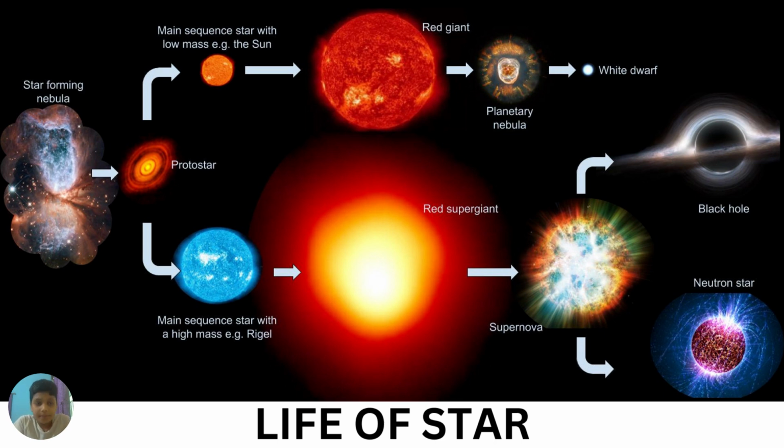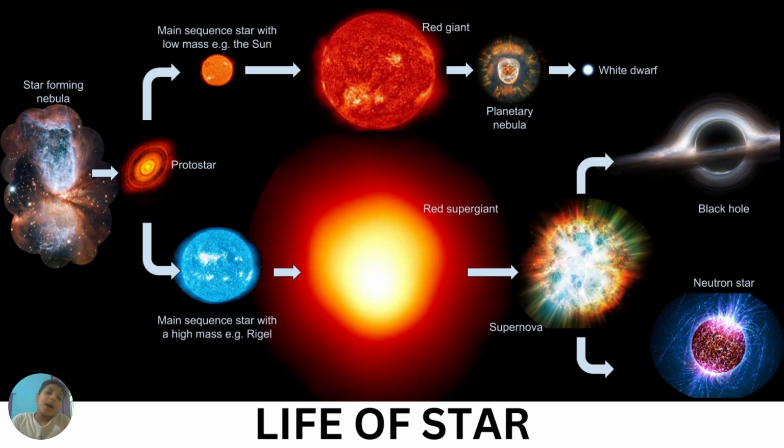An example is our sun. You'd be surprised to know that the sun takes about 99 point something percent of our whole solar system's weight, but still our sun is a low mass star, meaning its weight is very low. Can you imagine how vast our universe is?